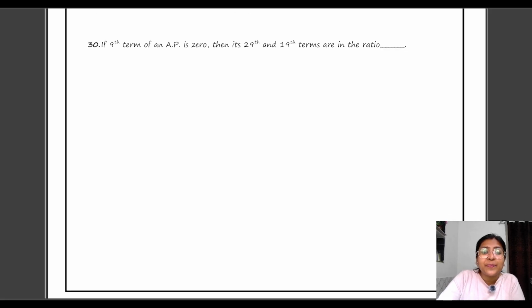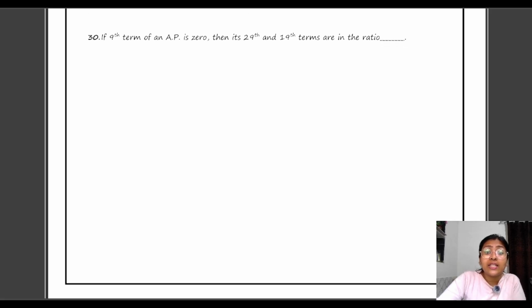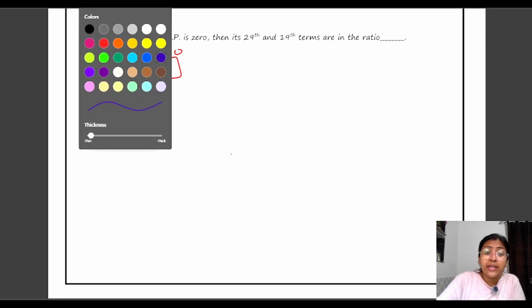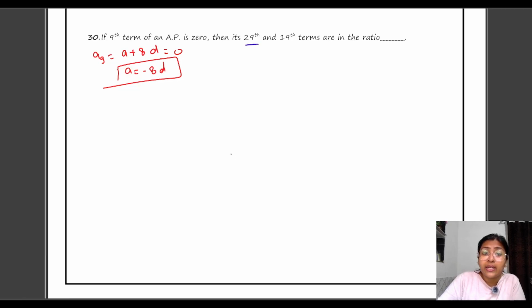If the 9th term of an AP is 0, it means a plus 8d is 0. From here the value of a is minus 8d. Then they are asking for the ratio of the 29th and 19th terms.